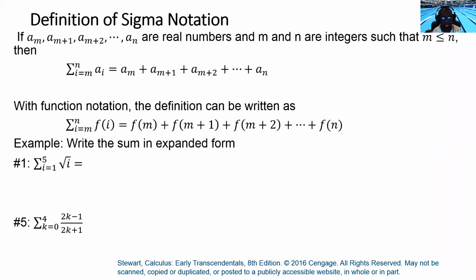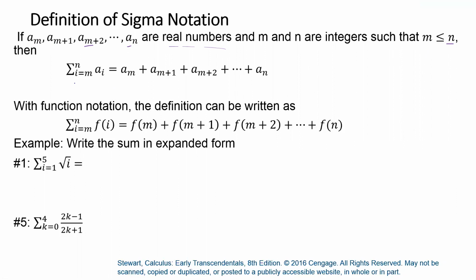All right, so here's a definition. Assuming you have this sequence of numbers, am, am plus 1, am plus 2, to an. These are real numbers, and m and n are integers such that m is less than or equal to n.